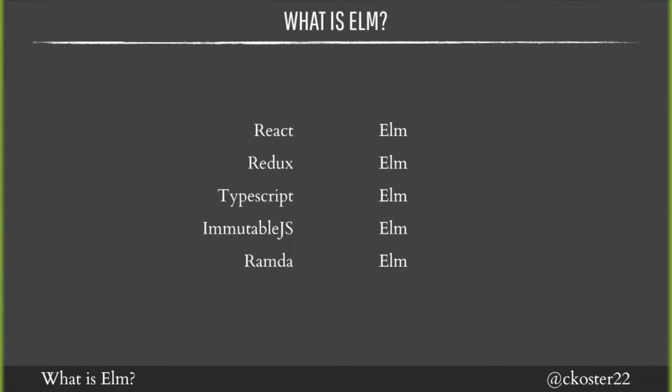And Elm is really the replacement for all of those. Elm has virtual DOM, it has a unidirectional architecture, it's statically typed, everything is immutable, and it's a functional programming language. So you could do, for example, partial function application, function composition, and those sorts of things. So from a 10,000 foot view, that is what Elm is.